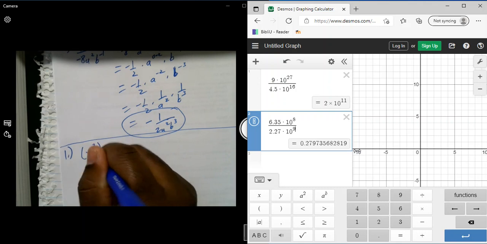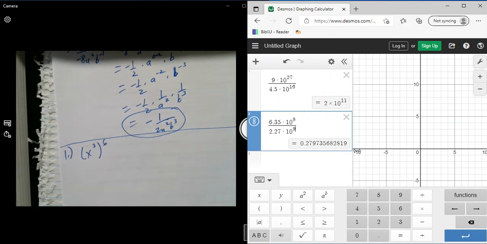Now we have x to the third to the sixth. Now before I do this, I want to talk to you all about the property of exponents. Now we went through it, but I just want to formally talk about it.